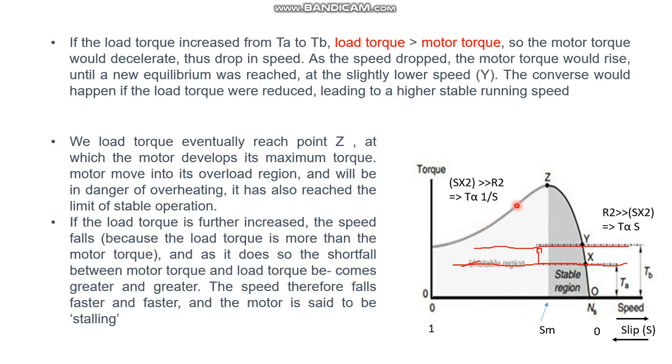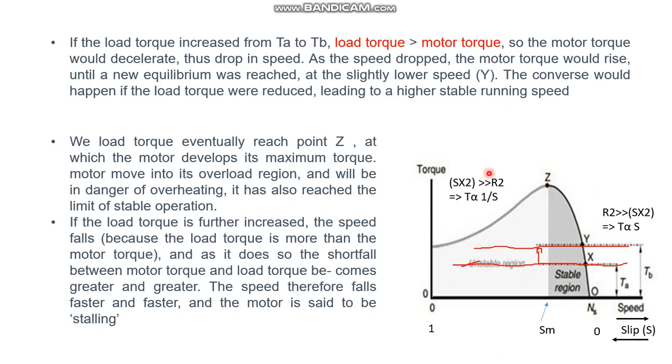Here the motor torque tries to catch the load torque requirement, whereas in this case it will not. So the speed eventually reduces and at one time the motor stalls. The motor is supposed to operate in this region only and not in this region.